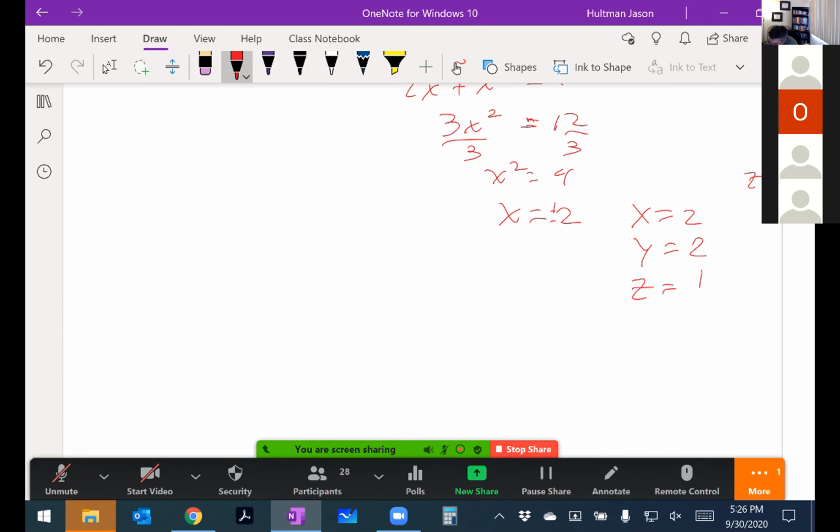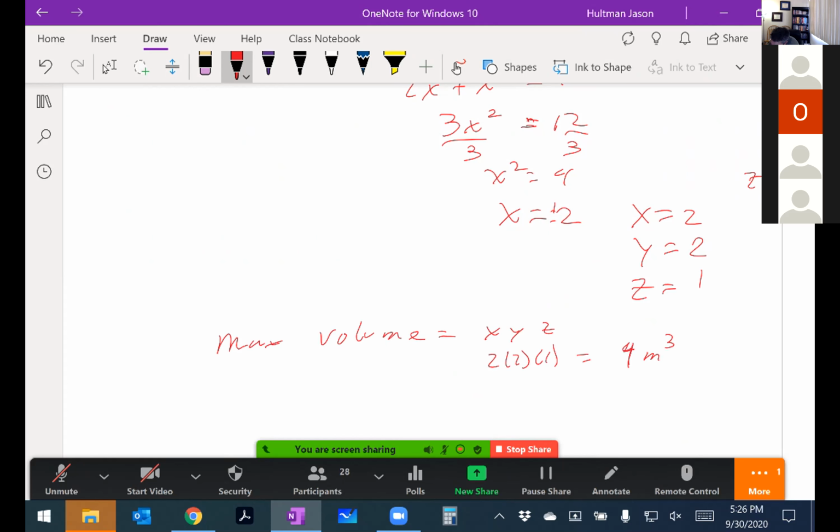Okay. So we know what the dimensions of this box have to be to get a maximum volume. Okay, so the max volume is equal to x times y times z, which is 2 times 2 times 1, which is 4 cubic meters, because this is in meters.